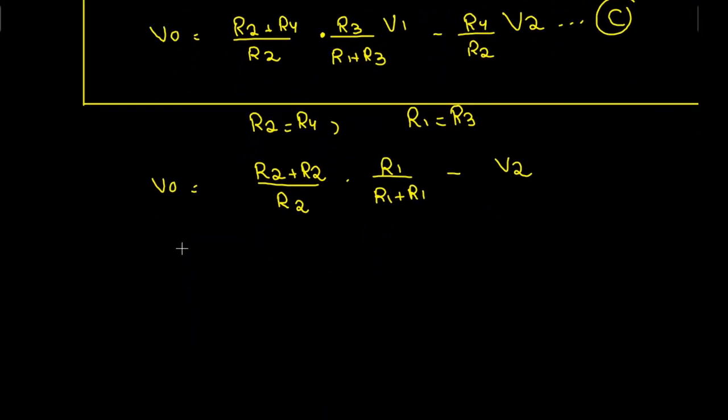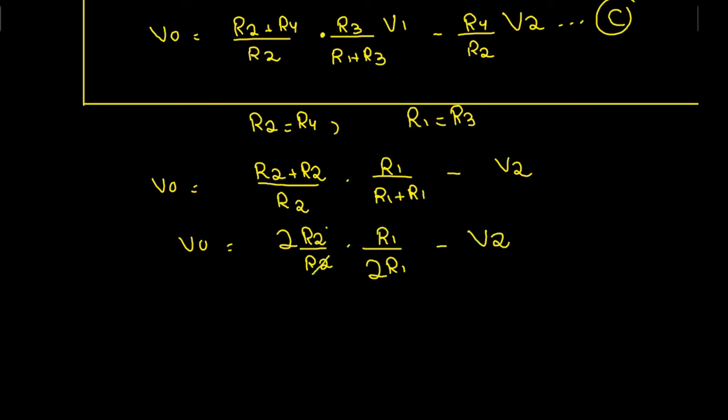Which means that I have V0 is equal to 2R2 divided by R2, into R1 divided by 2R1, minus V2.